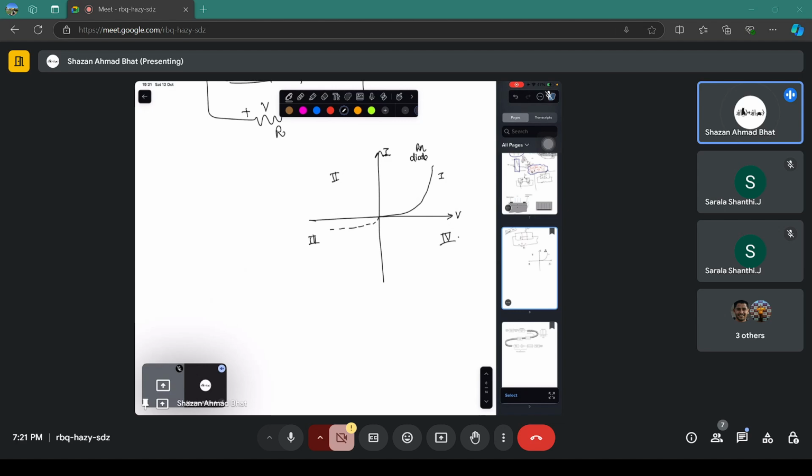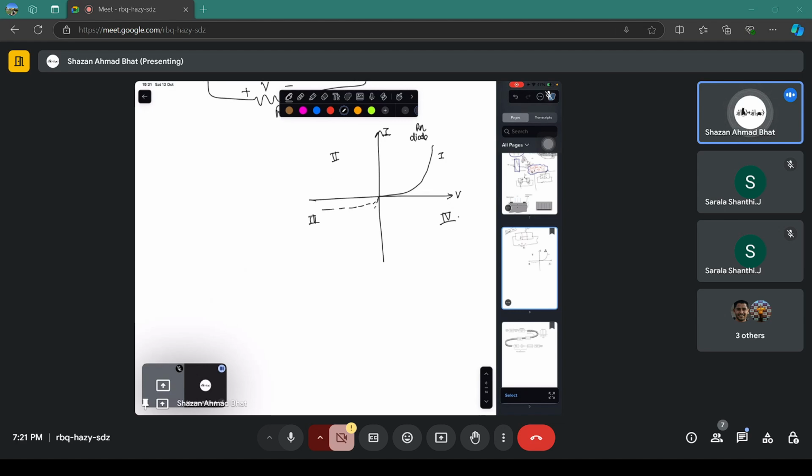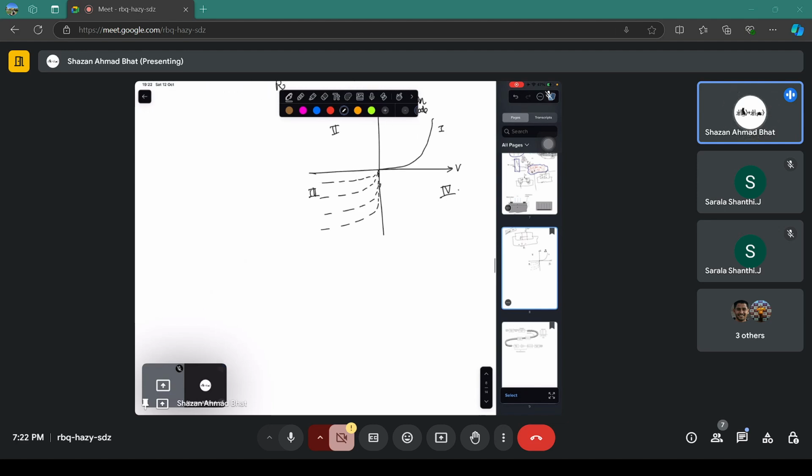And if you have the reverse bias current, and it goes on increasing with the photon illumination, then this is for the photodiode or the photodetector, and this increases with increase in the illumination of the light. Here you see that overall the voltage is negative and the current is negative, on the negative axis. So the product of voltage and current will be positive, which means the power is absorbed by the circuit.